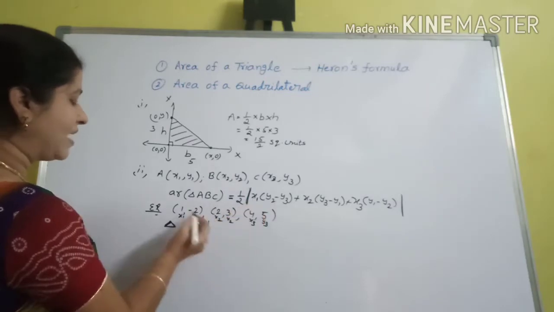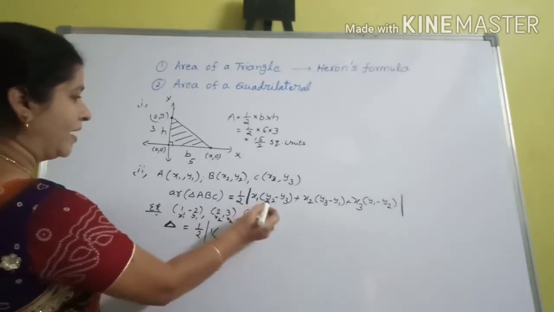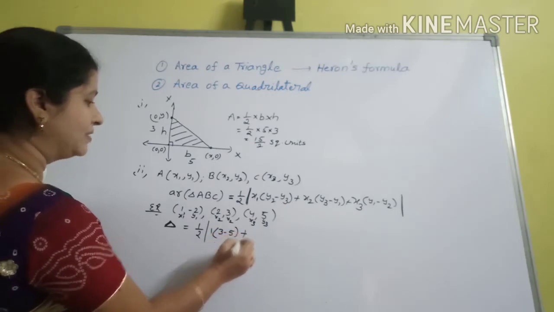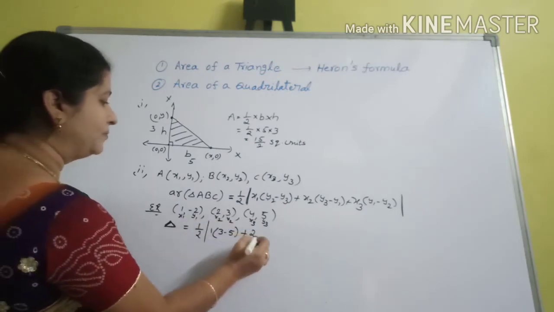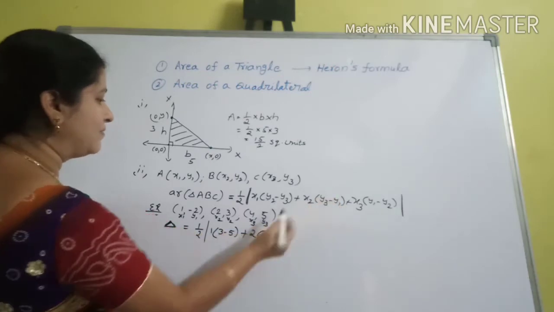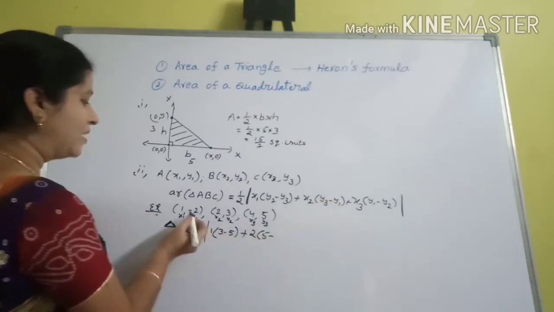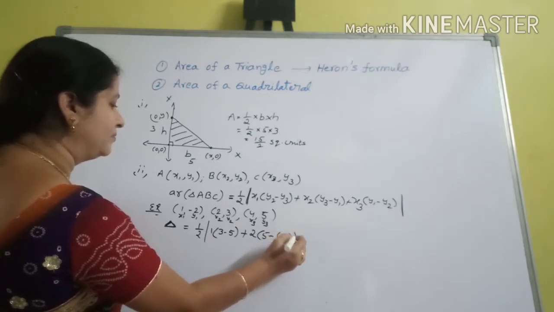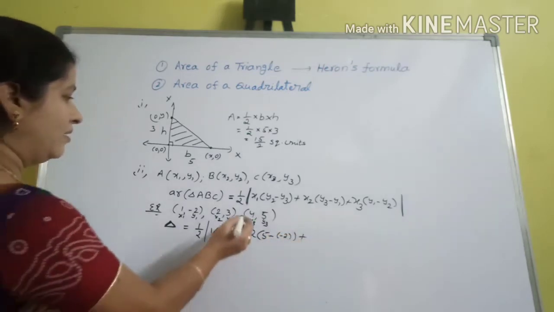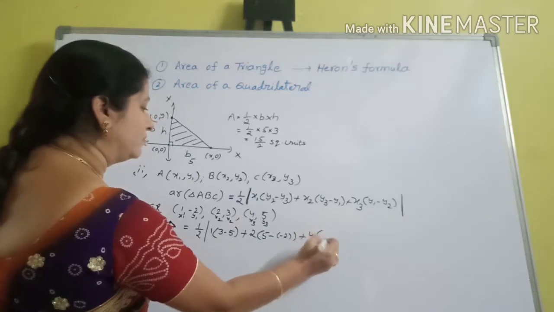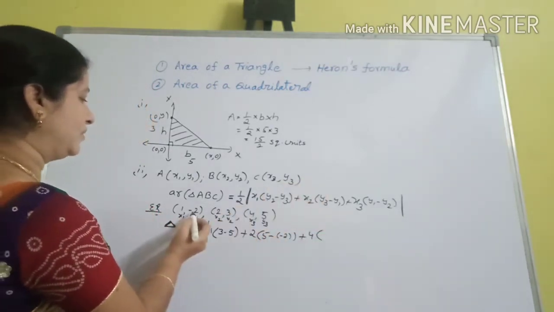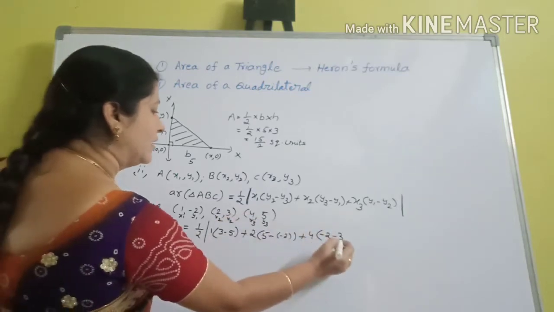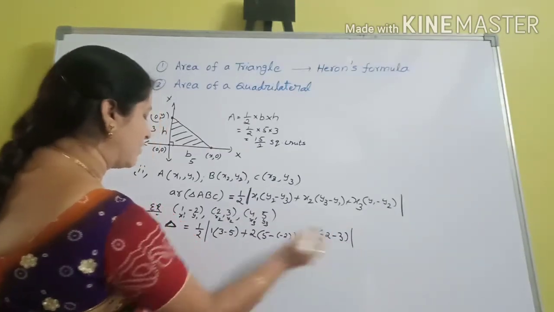So here x1 value 1, y2 minus y3 3 minus 5 plus x2 value 2, y3 minus y1 5. Here also minus symbol is there. So minus of minus 2 plus x3 value 4, y1 minus y2 minus 2, y2 value 3. Substitute all the values in this formula.